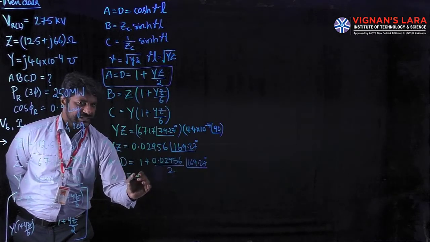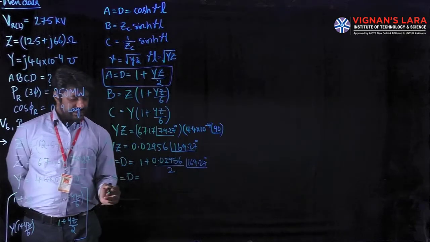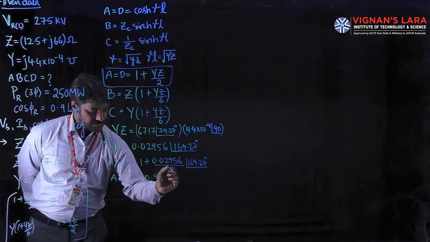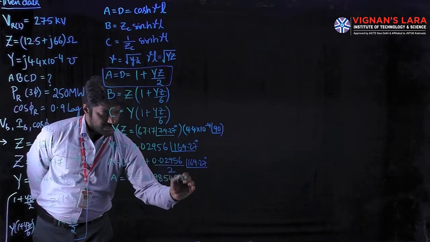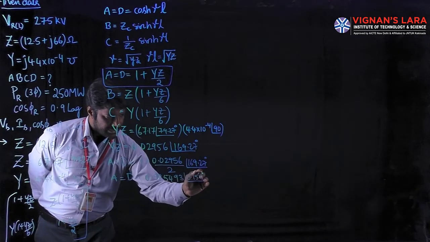Both values are the same. What you get in simplification is a value equal to 0.985493, which makes an angle of 0.159 degrees.